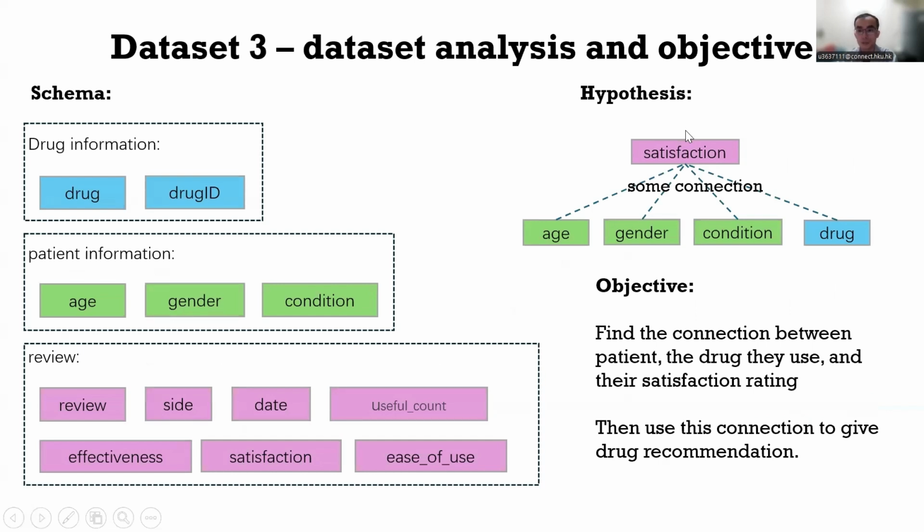Let's look into the schema of the dataset. The information can be divided into 3 parts: patient information, drug information, and review given by the patient. We assume that there is a connection between these 3 parts. Our objective is to find a connection to give drug recommendation.